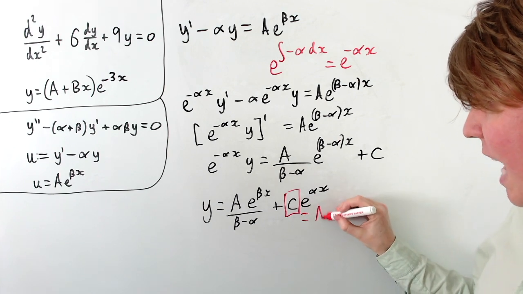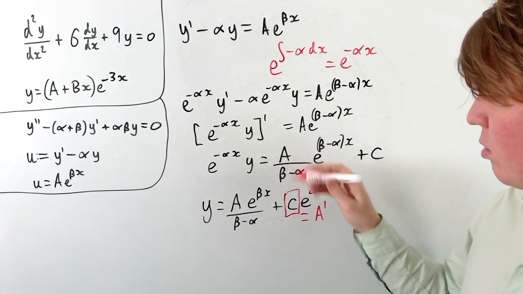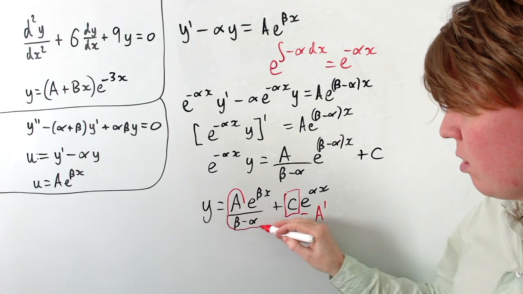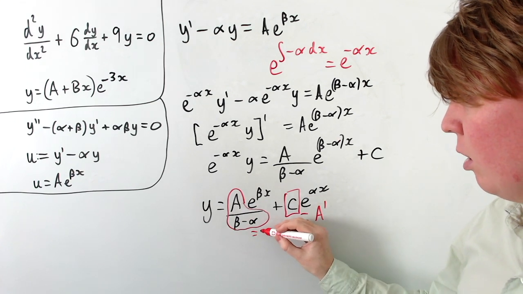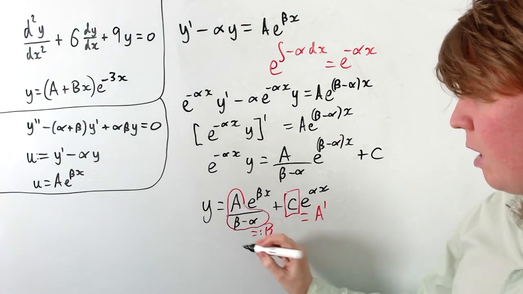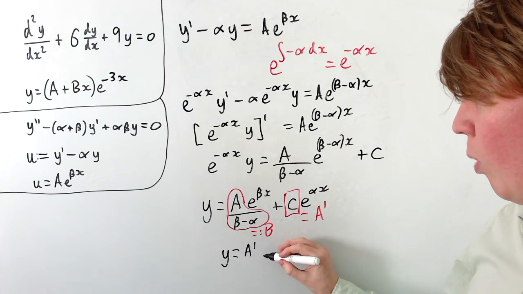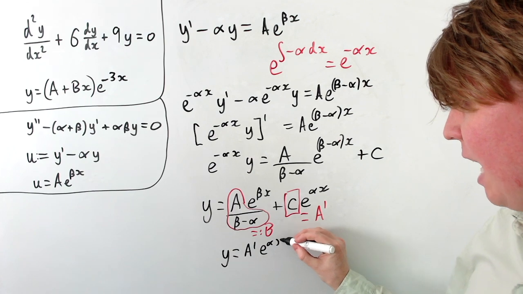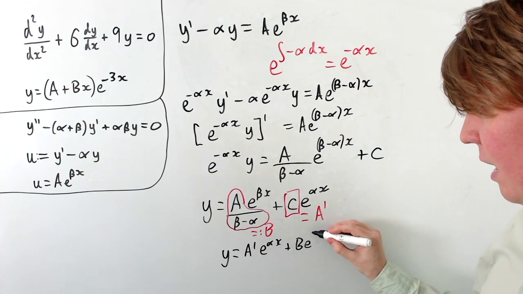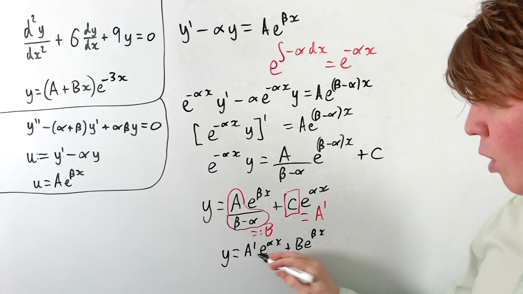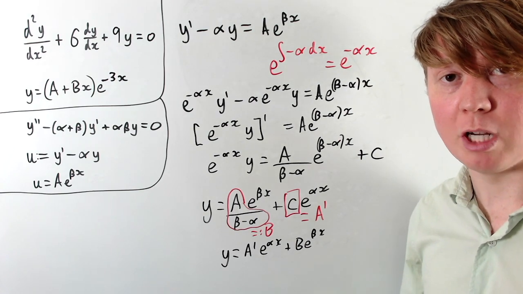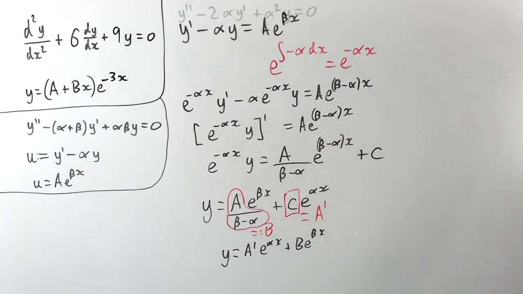So we could call this one a, or we could call this a prime since we've already used a. And this constant a over beta minus alpha we could just define to be b. So then we get our general solution is indeed this form that we were looking for. y is a prime e to the alpha x plus b e to the beta x, where your a prime and your b are just arbitrary real constants.